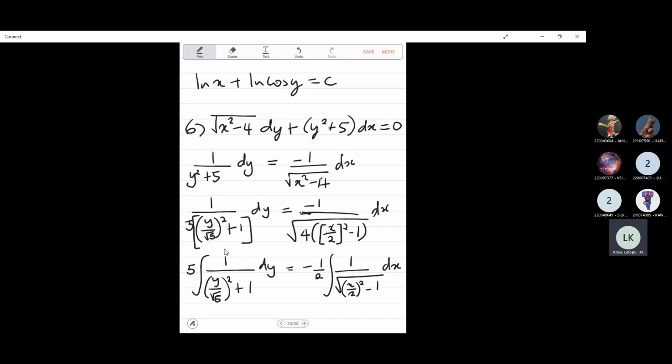And then what I need up here is 1 over the square root of 5. Here I wrote 5, but it's 1 over 5, because this 5 was in the denominator, so it should remain in the denominator. So I need 1 over the square root of 5 here. I need half over there.